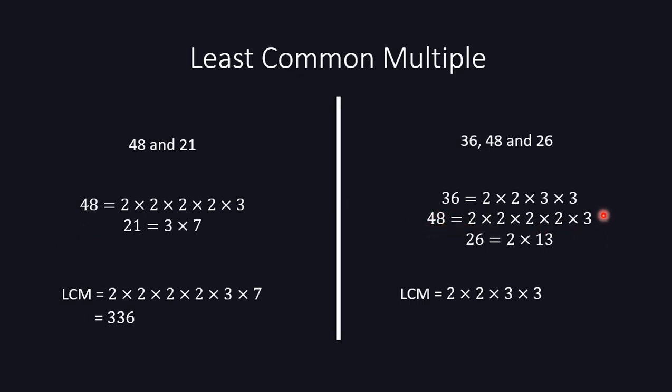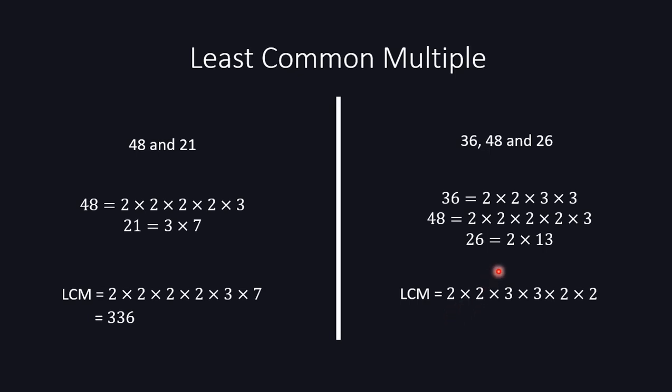So now I need to write down the prime factors of 48 over here that have not already been written. So 2 has been written twice here, but 2 appears 4 times in the prime factorization of 48. Therefore I'm going to write 2 two more times. And since 3 appears only once and I've already written a 3 here, I'm not going to write a 3 again. So I'm just going to multiply this number by 2 twice.